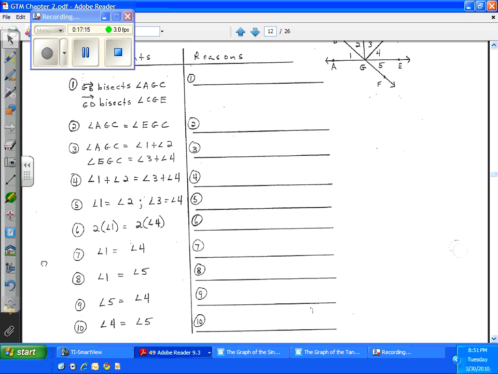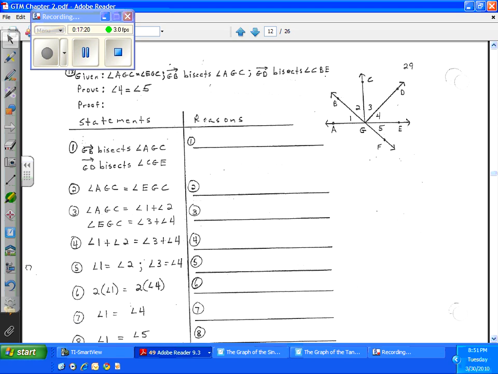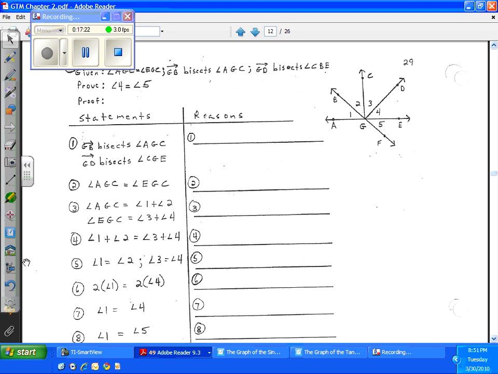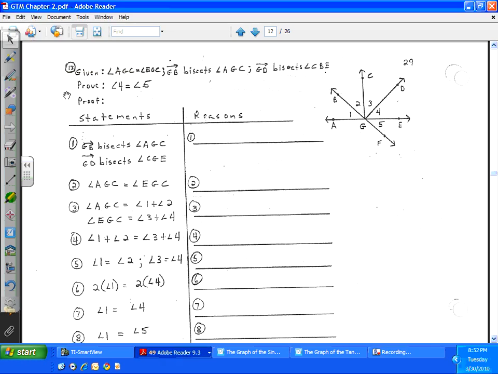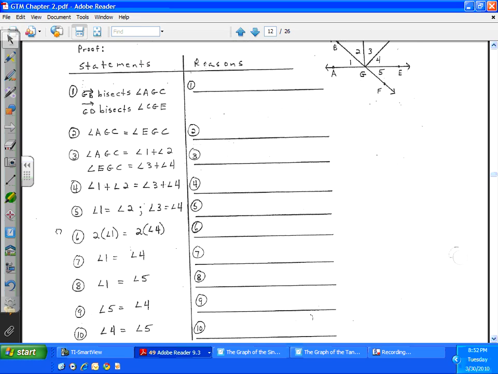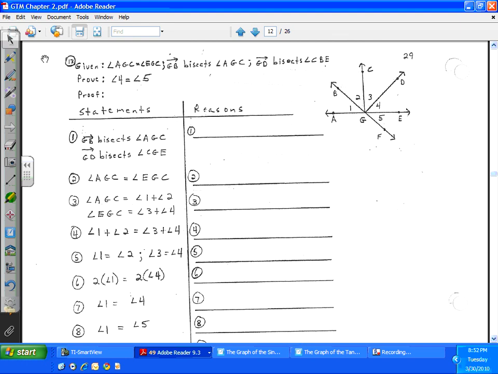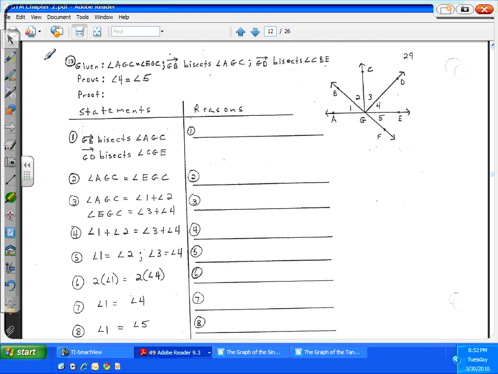We have a nice size proof at the end of this lesson. Let's start you on another proof, just giving reasons, just to kind of get you going there a little. I'm going to minimize that recorder just so I can show you a little bit more of that. We're still not going to be able to get it all in there, but we'll at least get you started.